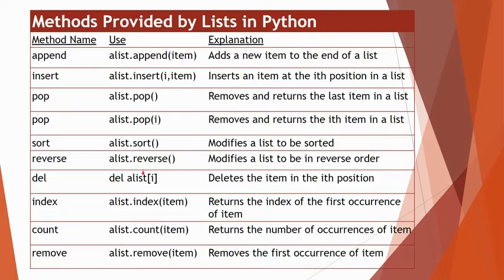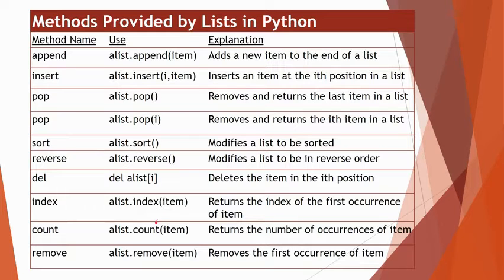To delete an element of a list, use the element's index position in brackets next to the list name with the command del. To find the index of the first occurrence of an element of a list, if it does indeed occur in the list, you would say the list name dot index and put the item you're looking for.